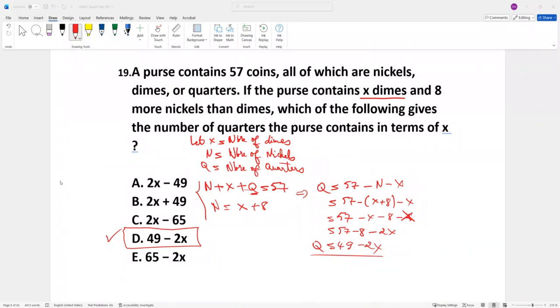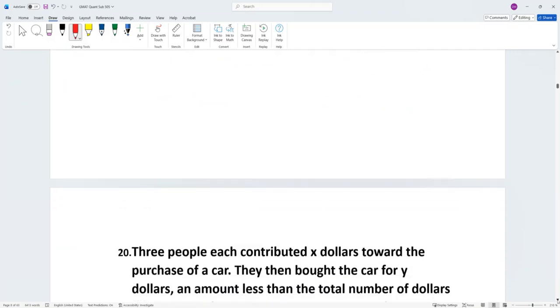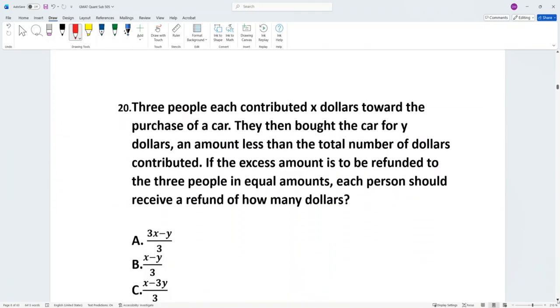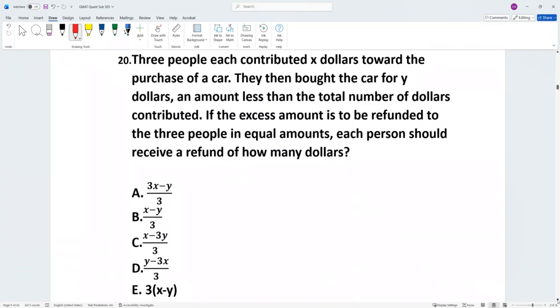Okay, the last question. It says 3 people each contributed x dollars toward the purchase of a car. They then bought the car for y dollars, an amount less than the total number of dollars contributed.